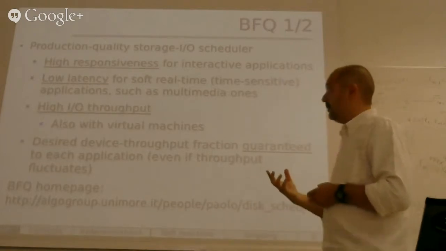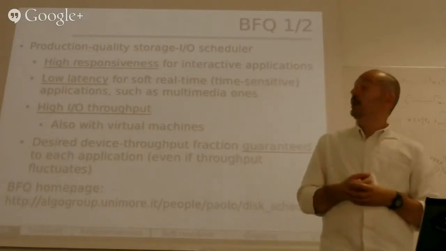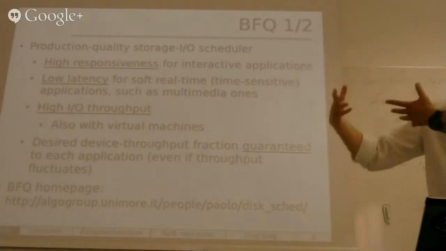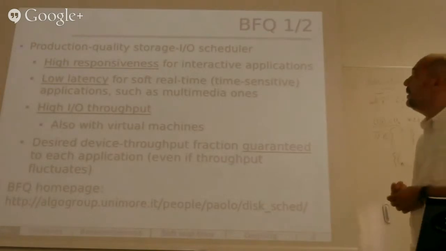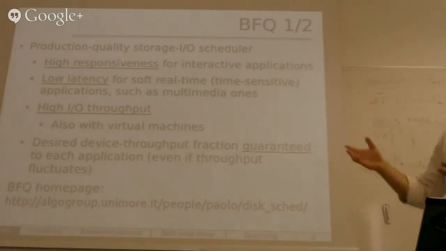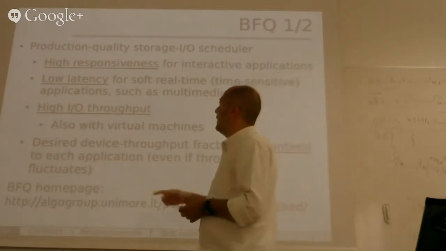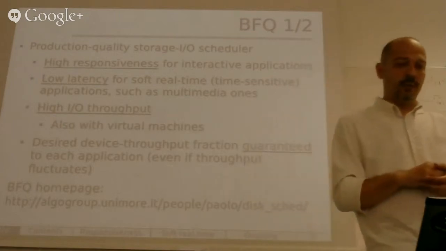The peculiarity of this scheduler is that it guarantees a higher responsiveness to interactive applications. I will show you what I mean again with another demo. It also guarantees a low latency to soft real-time applications, to time-sensitive applications. And finally, it preserves a high throughput, also with virtual machines.